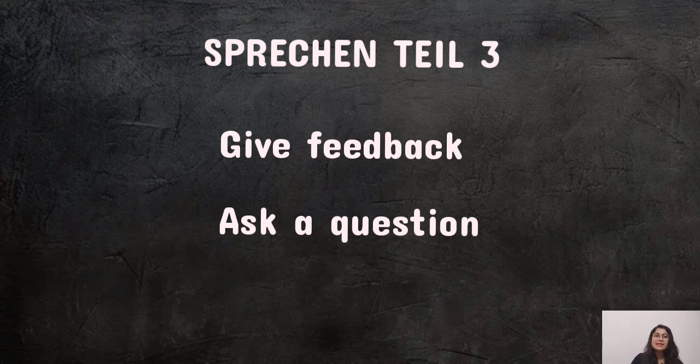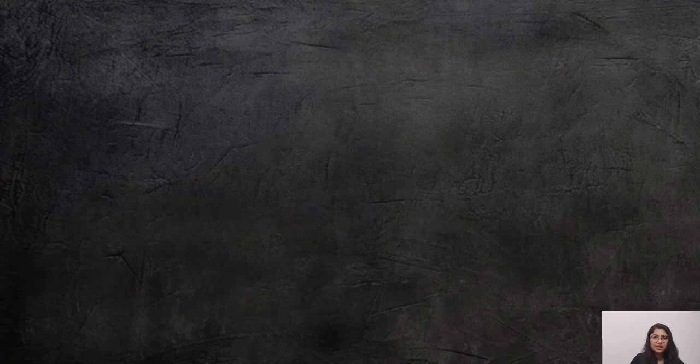Again, those sentences have been shared in the PDF. What kind of feedback that you can give is shared in the PDF. Now, asking questions. As I told you earlier, every time you prepare for a presentation, try to make 2 or 3 questions for that topic.